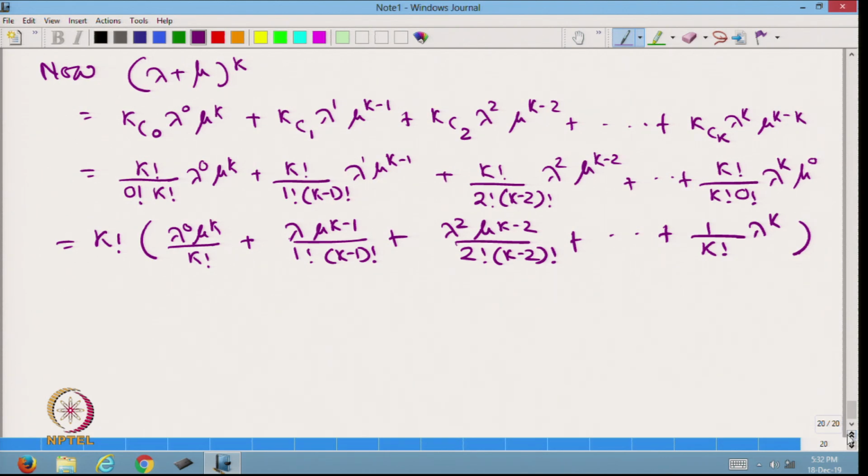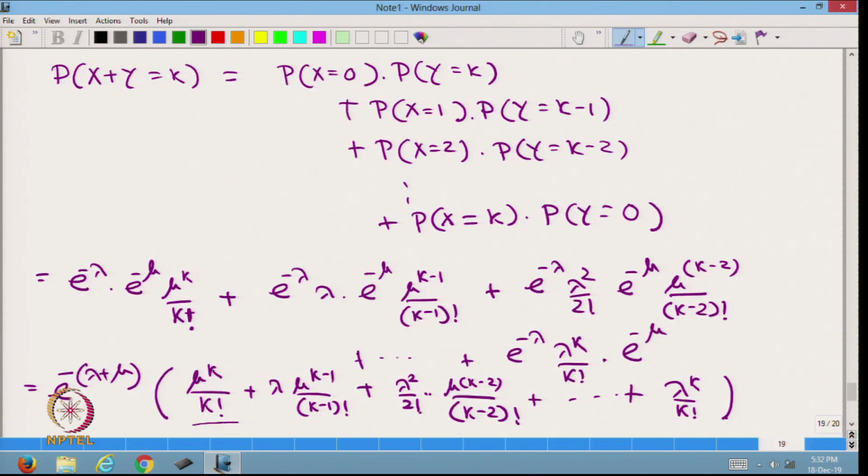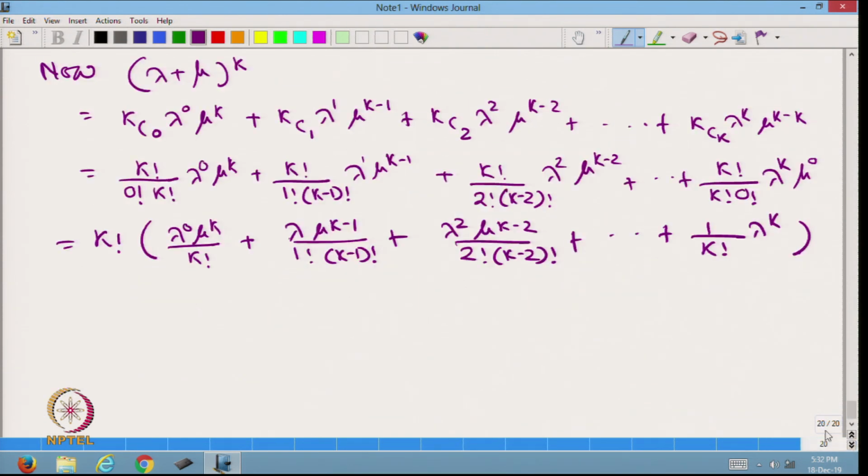Therefore, if we compare, we see that this term is nothing but the term within the bracket.